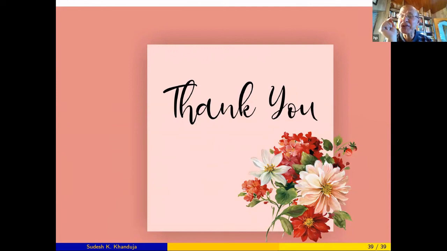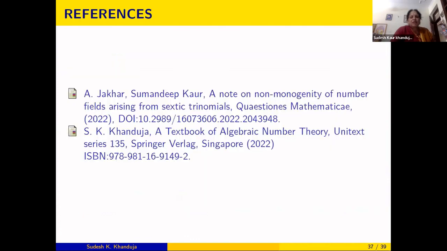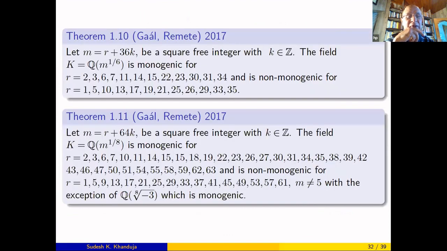Professor Khanduja, a non-technical question. Can you go back to the previous two slides, the last theorem? One slide. This one? No, the results before that. Yes. Actually, I'm an outsider to this, but in both these theorems, the values of R where it is monogenic and where it's not, do you see some order which corresponds to some order that we encounter somewhere else in mathematics?